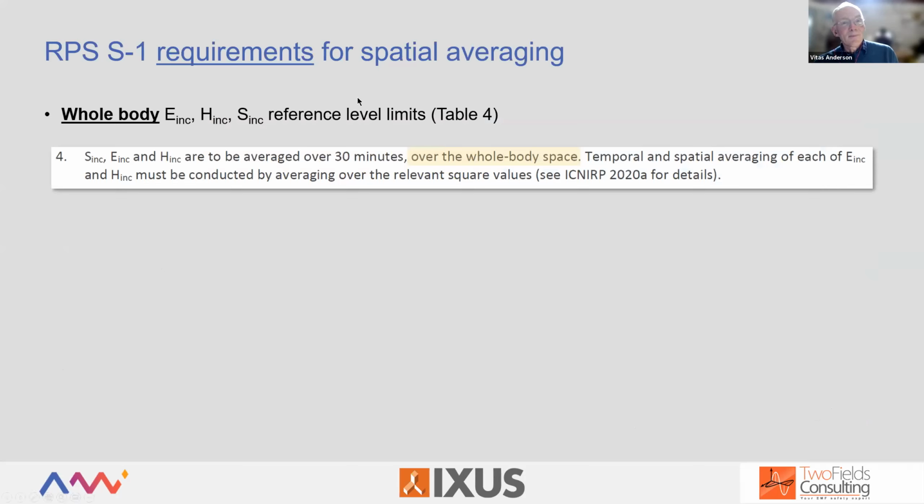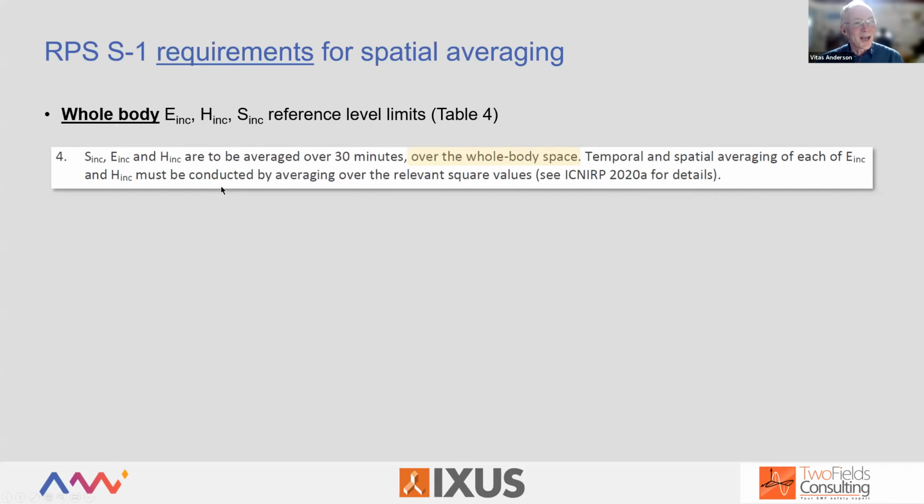Okay, so I'm going to get back to this point I raised about the RPS S-1 requiring spatial averaging. So I've just copied some text from the standard. And this is for the whole body reference level limits in table 4 of the RPS S-1. I hope everybody's read it by now.